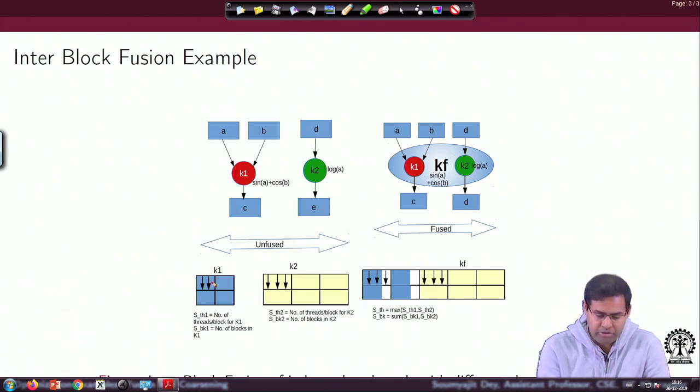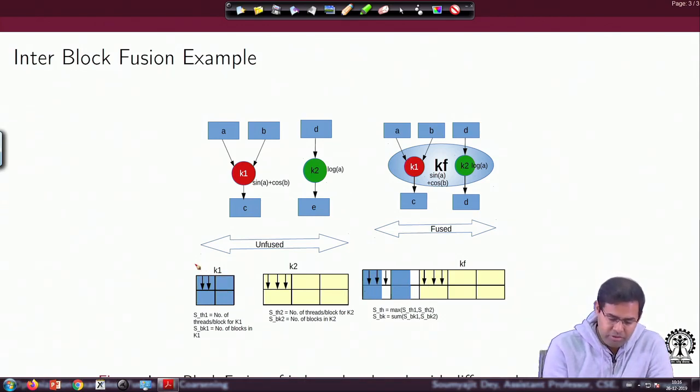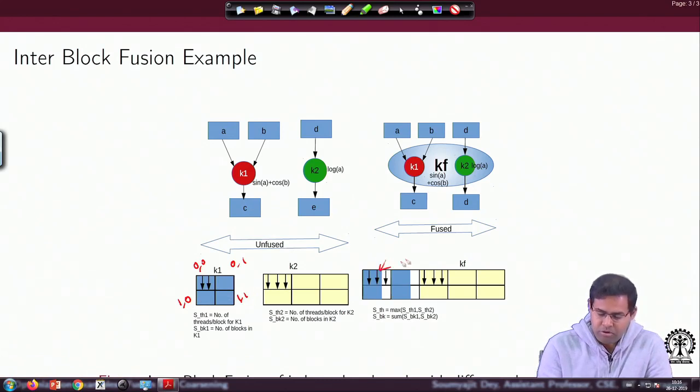Just to recall, all we are doing is we are figuring out the block ID. If the block IDs belong to K1's block IDs, then they are going to do the activities for K1, right. For example, if this is the block ID 0 0, this is 0 1 like that, or this is 1 0, this is 1 1, those are the block IDs for which I will have K1 working.